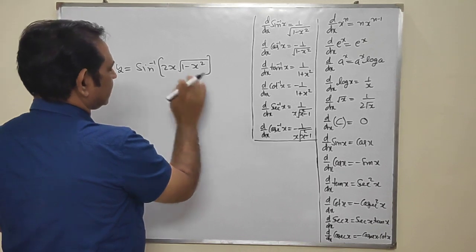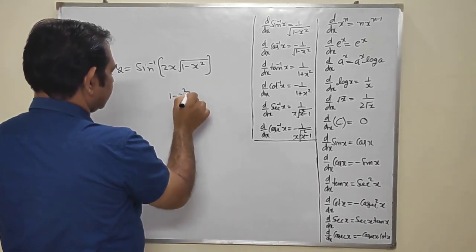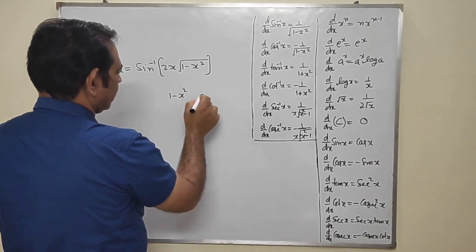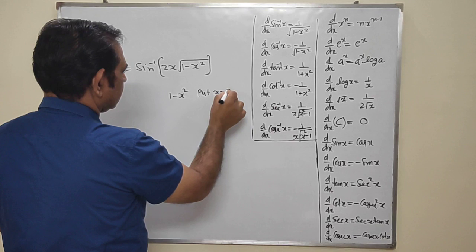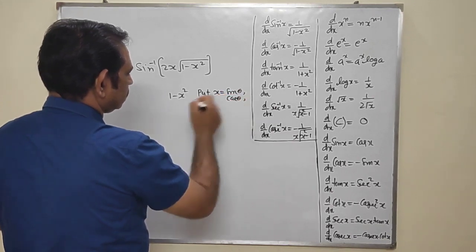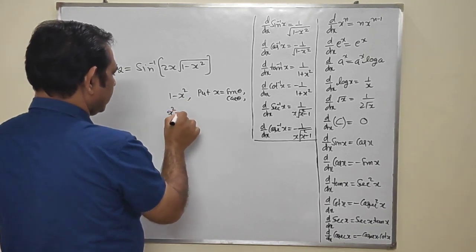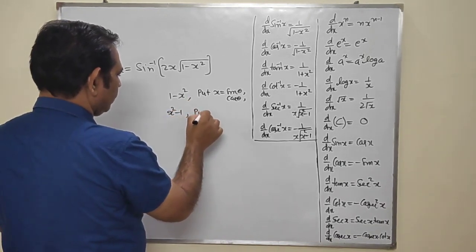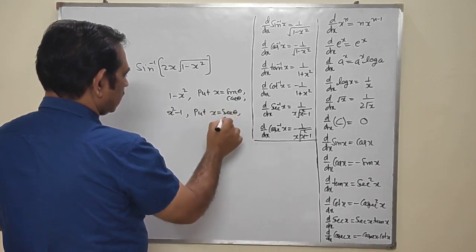So what are the substitutions? For example, if you have 1 minus x square, then you can put x is equal to sine theta or cos theta. Both you can apply. If you are having x square minus 1, put x is equal to sec theta or cosec theta.